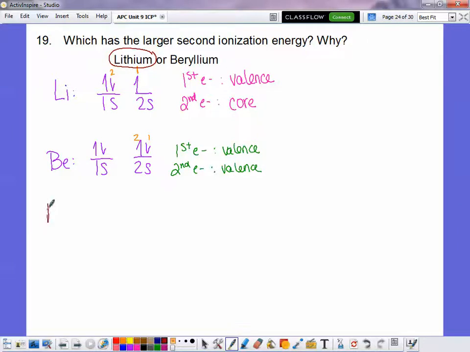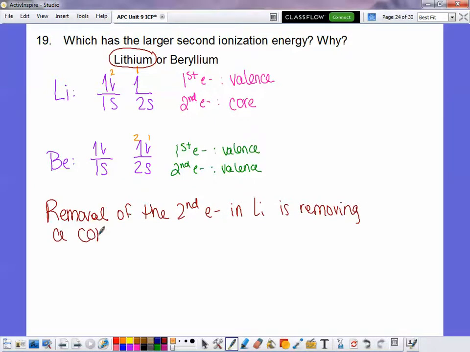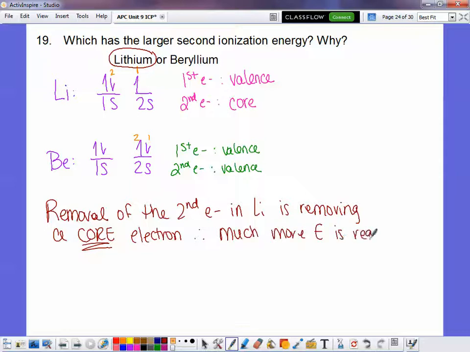So let me write that out. Removal of the second electron in lithium is removing a core electron. Therefore, much more energy is required.